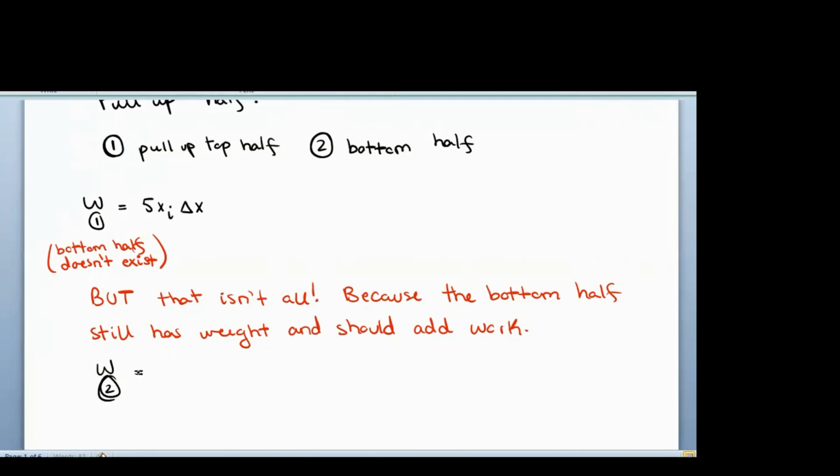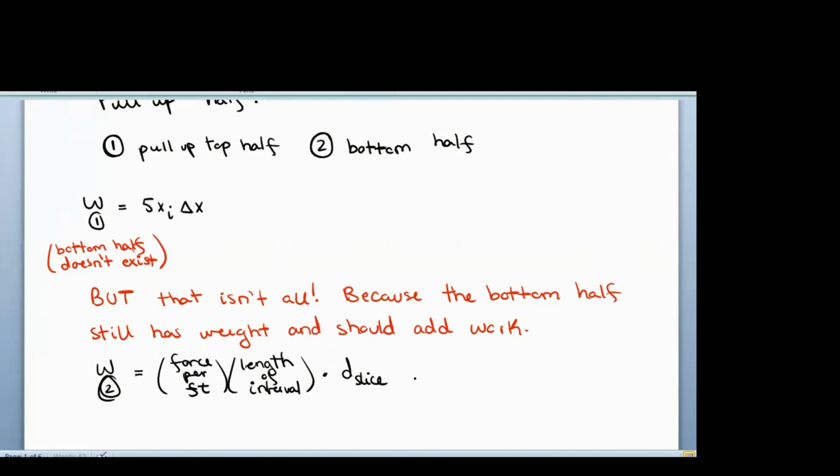Now I'm going to do this all over again. So it should be the force per foot times the length of my interval times the distance that my slices would move.